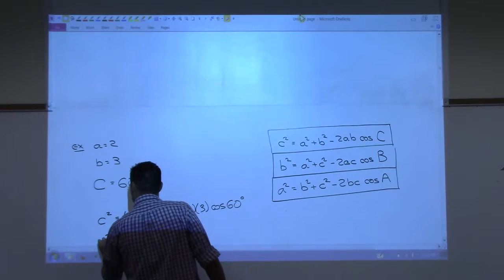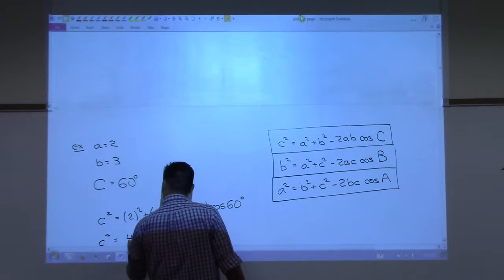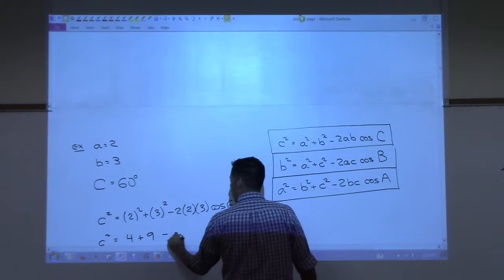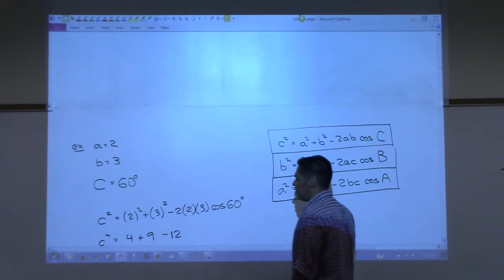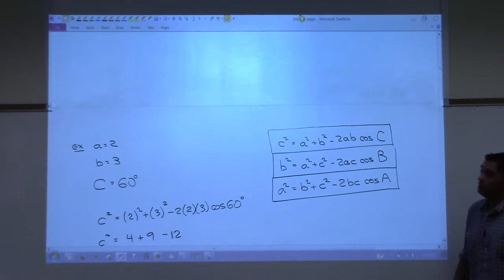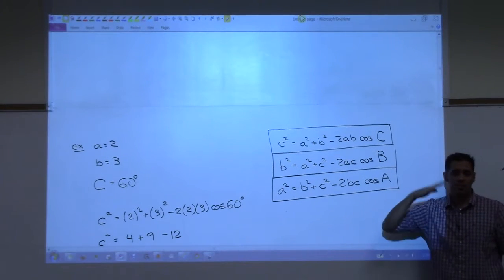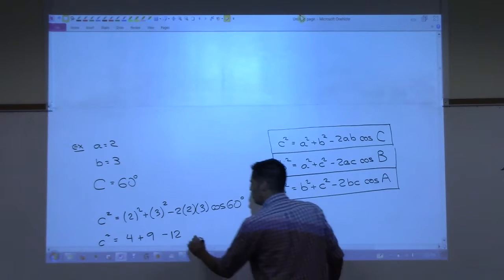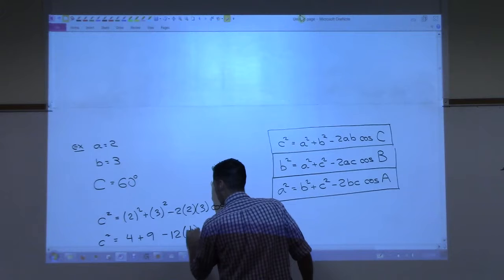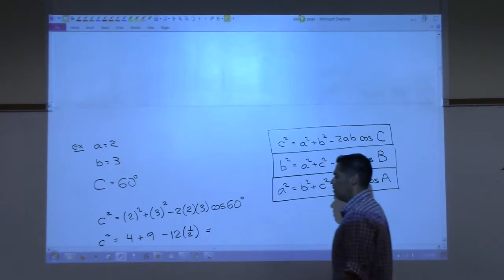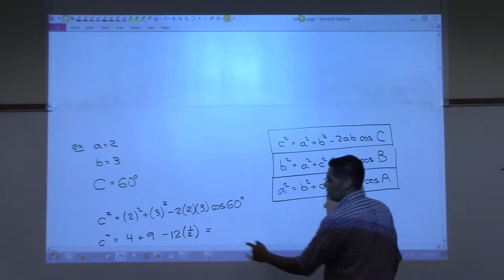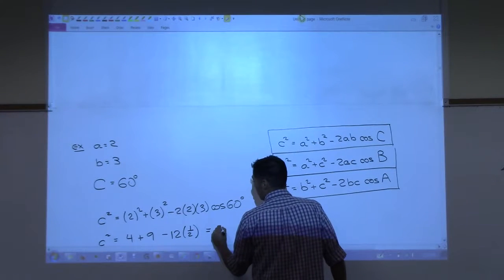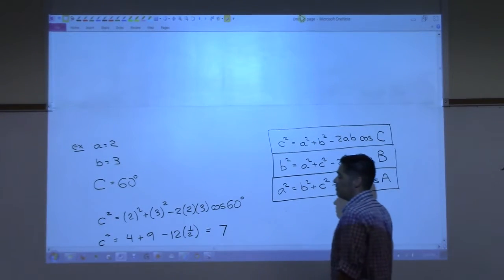C squared equals 4 plus 9 minus, what do we have here, 12. What is cosine of 60 degrees? It's the x-coordinate at 60 degrees. 0.5. Half? Yeah. Okay, so half. Minus 6. So 13 minus 6. 13, take away 6 is 7. Root 7.